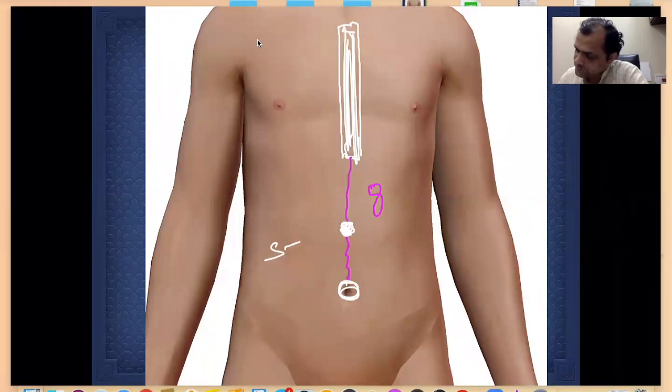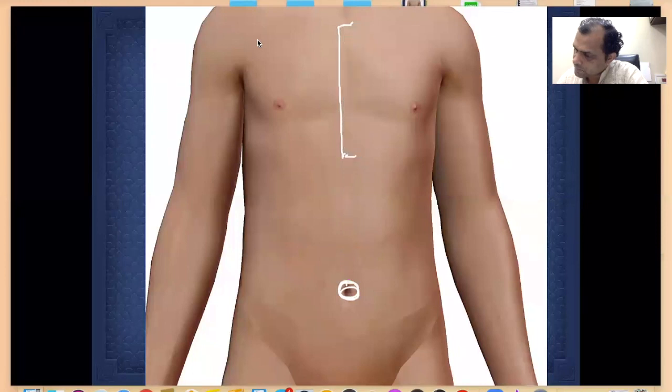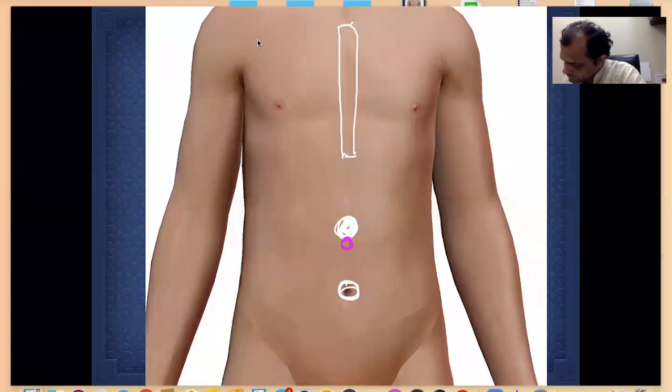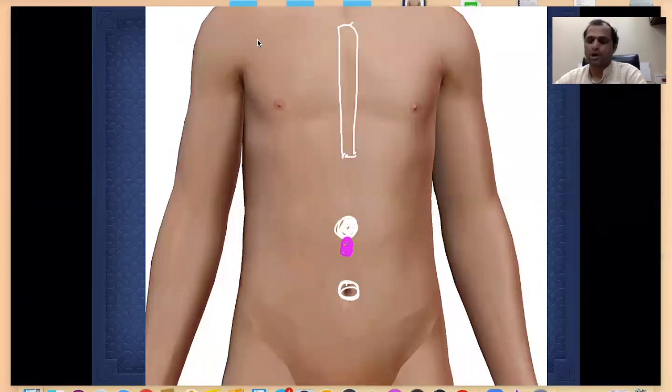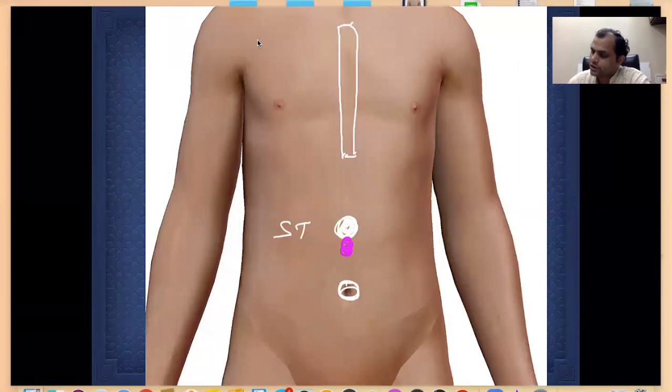So the upper one is the stomach, and if we take one more point here, that is the duodenum. When we press here and it is painful, it indicates a clear problem connected with the stomach, or there may be a problem connected with the duodenum.